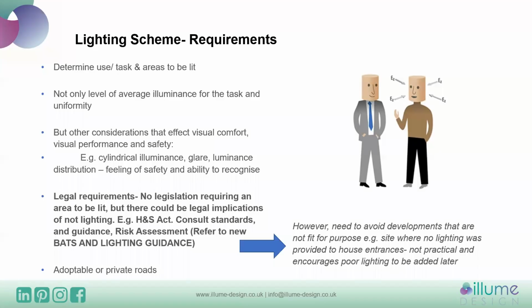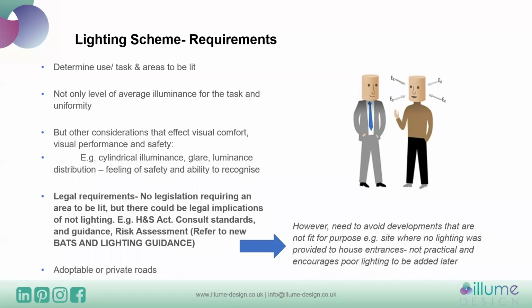A lot of the houses have added floodlights, perhaps from B&Q, and unsuitable light fittings that they found. And they've been added to the houses because people can't see to get into their doors. If we'd have provided in that instance a more suitable solution, a sensitive light fitting that was downward directional of a low output, it would have avoided the poor lighting being added later.